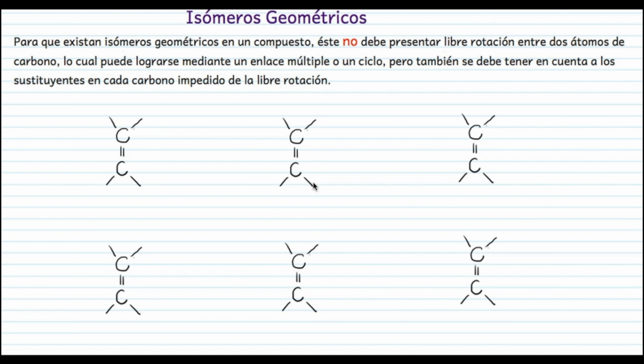We have geometric isomers in a compound when, for example, the two carbons that are linked by the double bond, the first of those two carbons has a substituent that we call A, and the second also has a substituent that we call A, but the other two substituents are going to be different from A. They are going to be B and B, equal to each other.